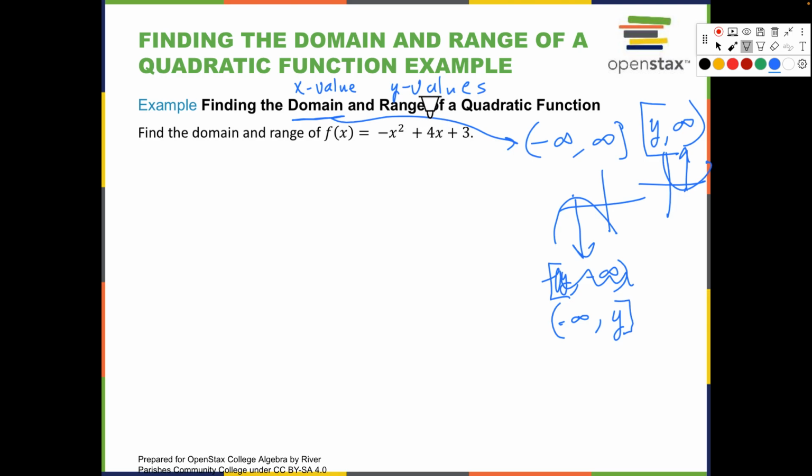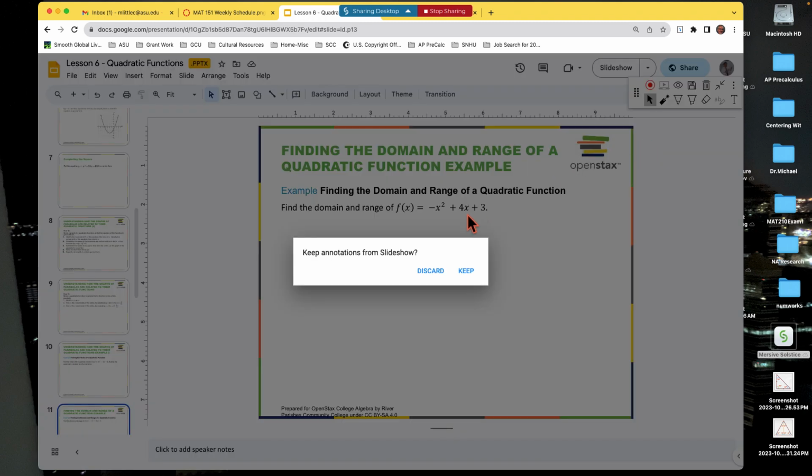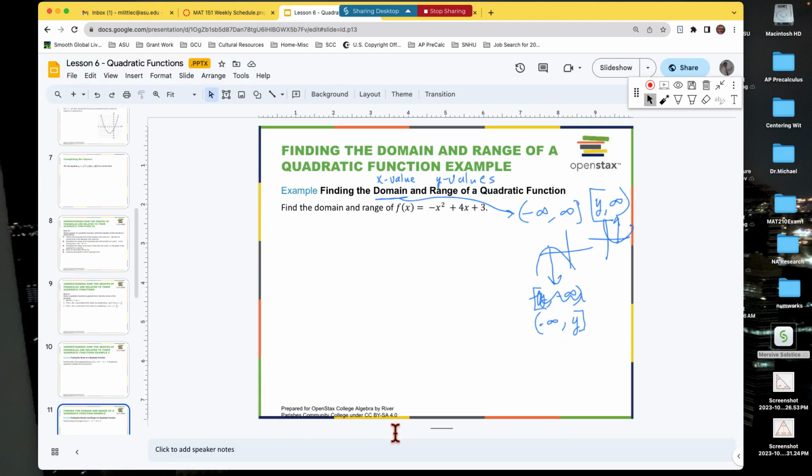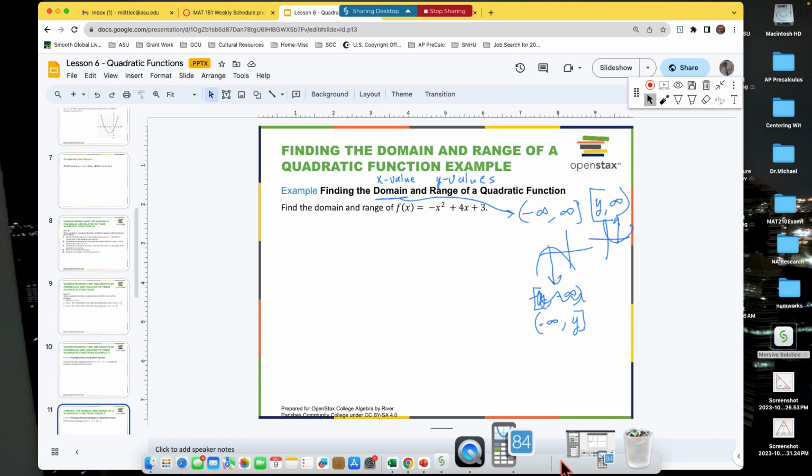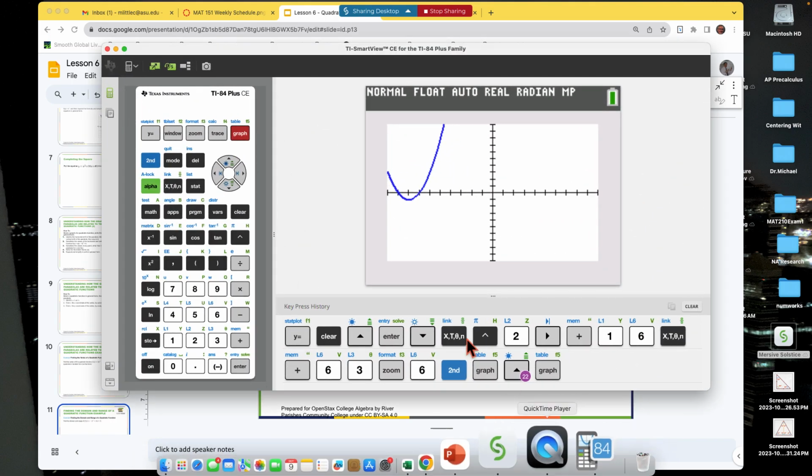Okay. So we just need to know what the y-coordinate of the vertex is. Again, one of the fastest ways I know to do this is to graph it. Negative x squared plus 4x plus 3.